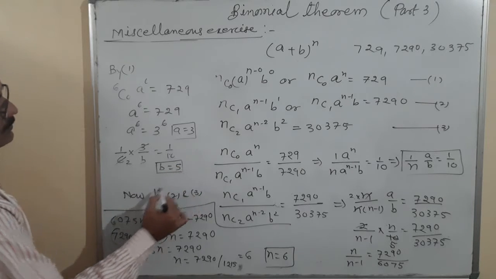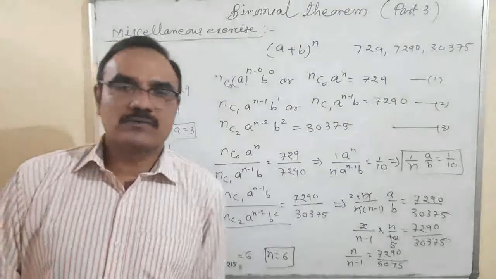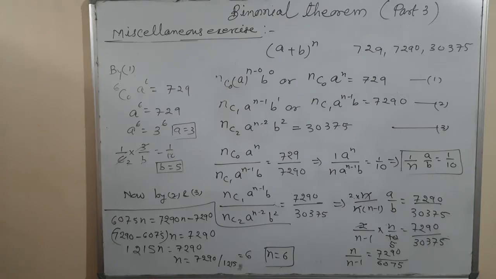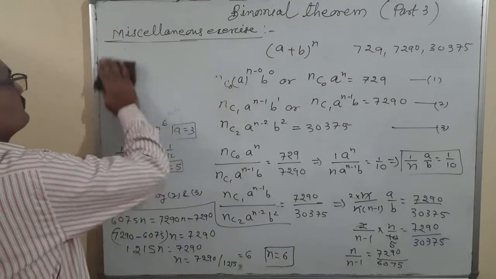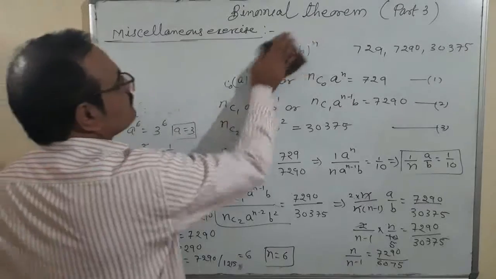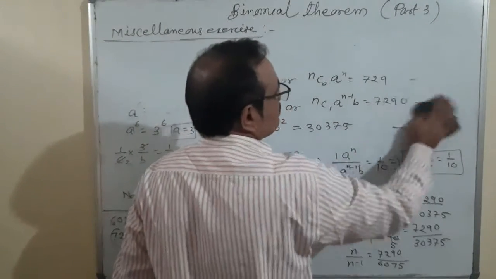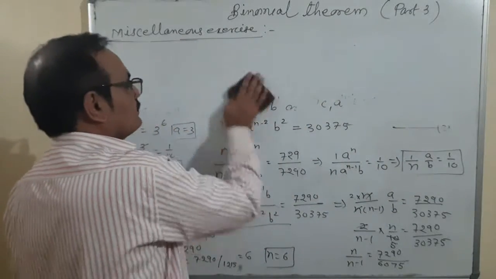So these are the values of a, b and n. n is equal to 6, a is equal to 3 and b is equal to 5. Okay. So that is question number 1.